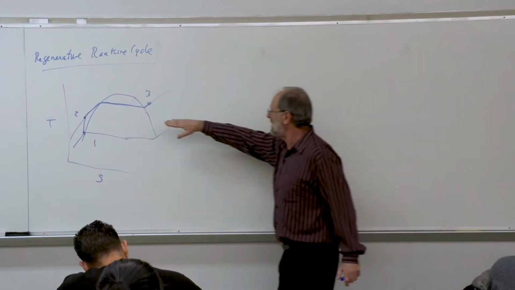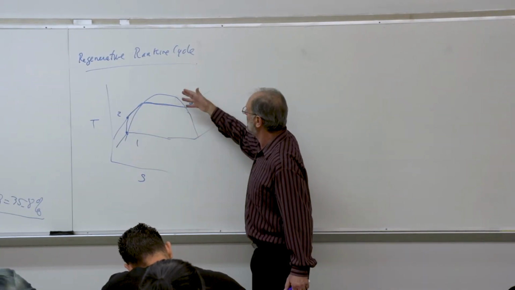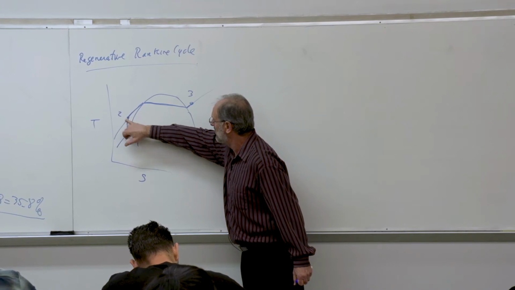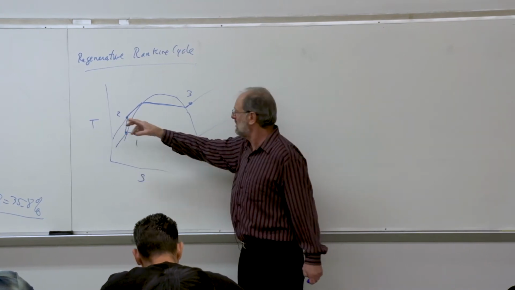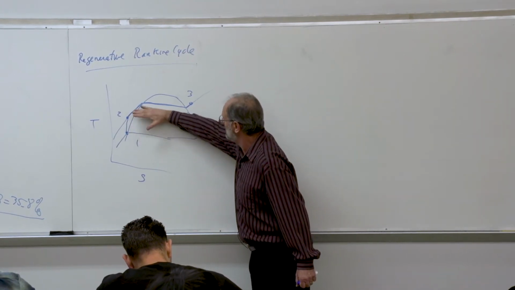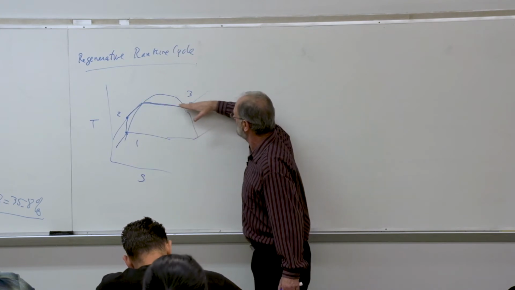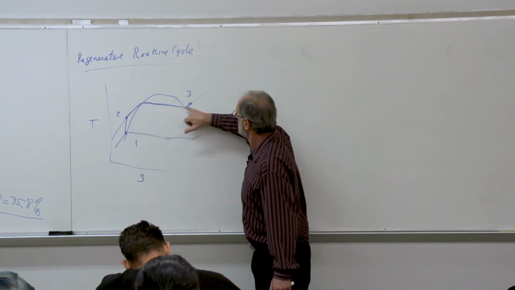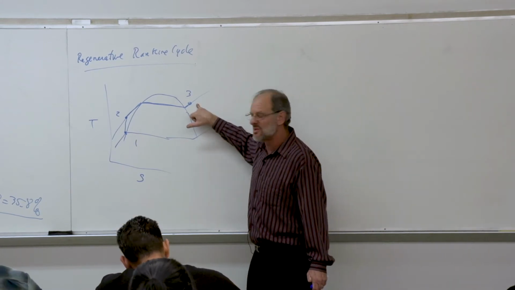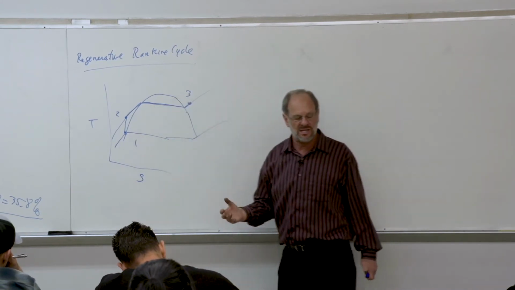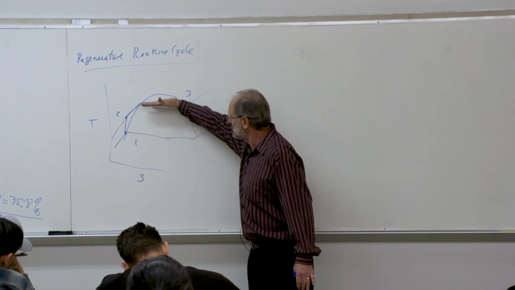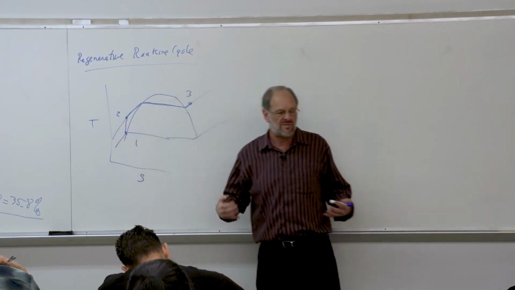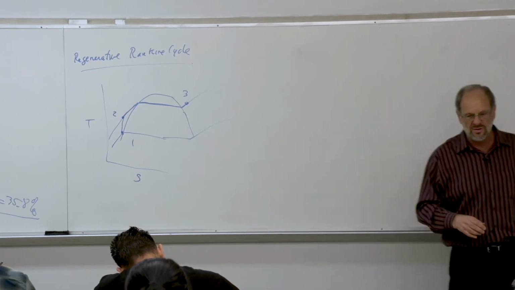Now, you can see that in a typical Rankine cycle without regeneration, we're going to pump up to the high pressure of the boiler, but that temperature is still going to be considerably less than the saturation temperature associated with that pressure, right? It's also still going to be quite a bit less than T3. So the average temperature during the heat addition process is somewhat depressed from the saturation temperature just because of the nature of the compressed water at point 2.